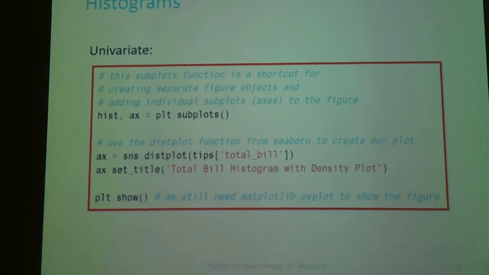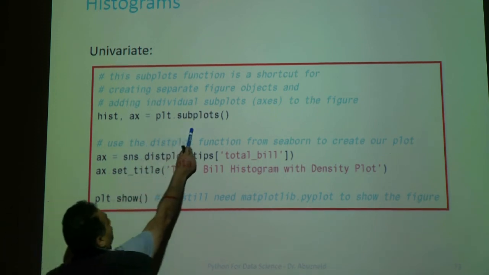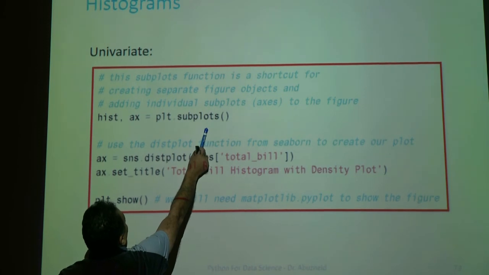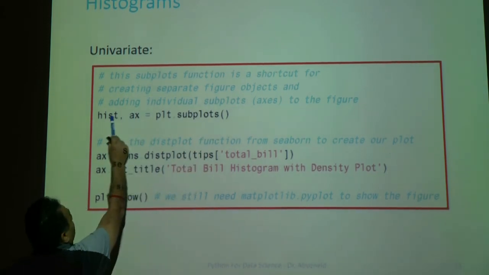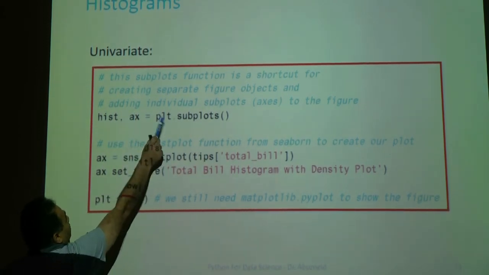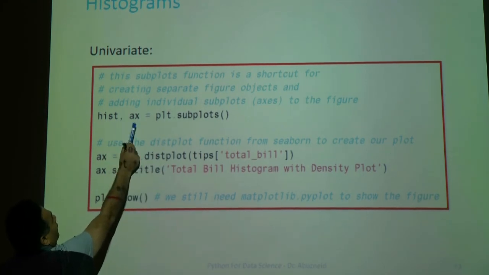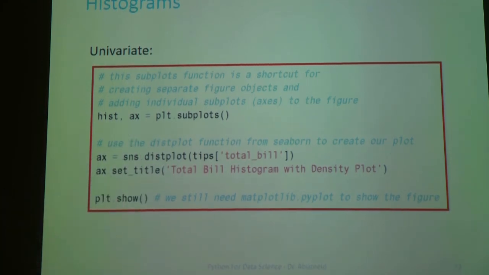I mean, Matplotlib could draw histograms. Seaborn has its own histograms. For example, in here. So what you do in here, plt.subplots. This will be the figure. So the output will be a tuple, the figure and the subplot. So the subplots function is a shortcut for creating a separate figure object.